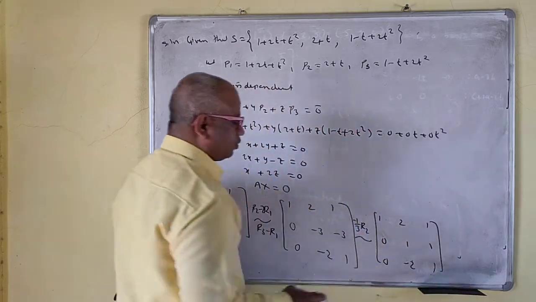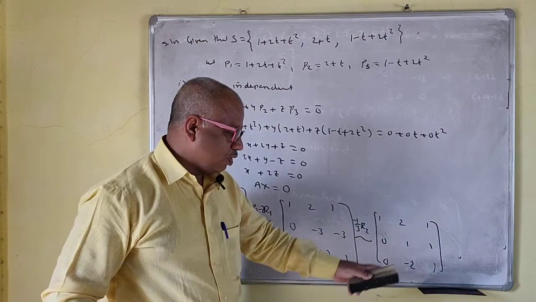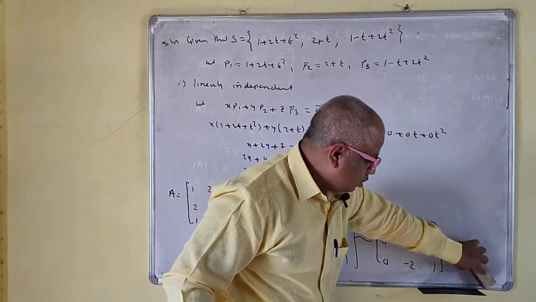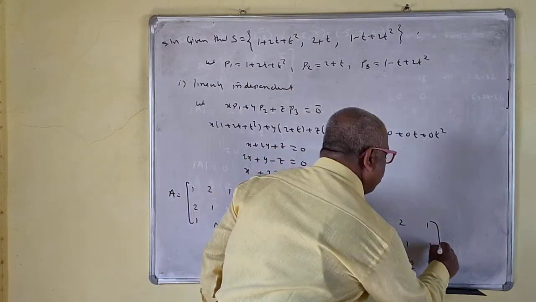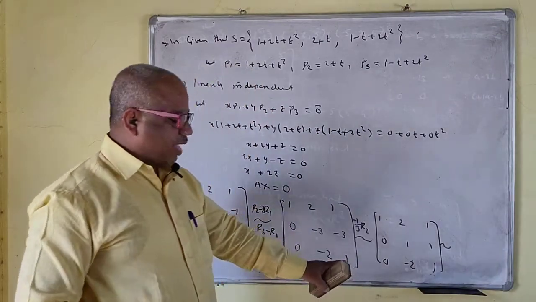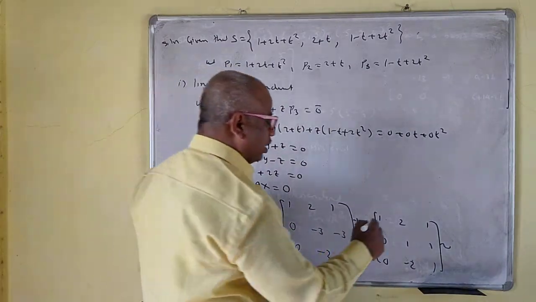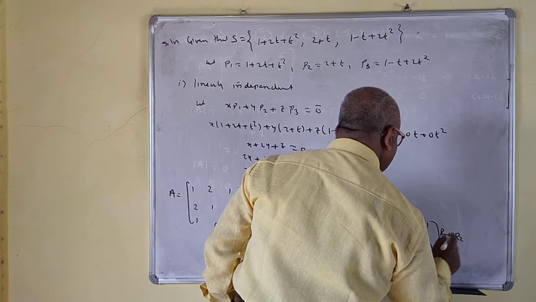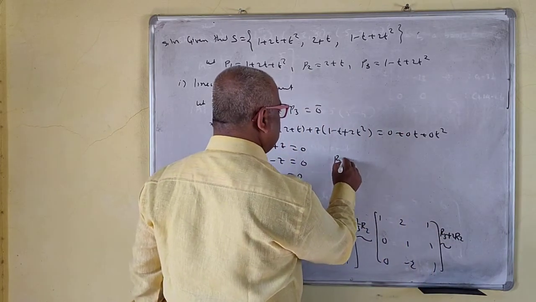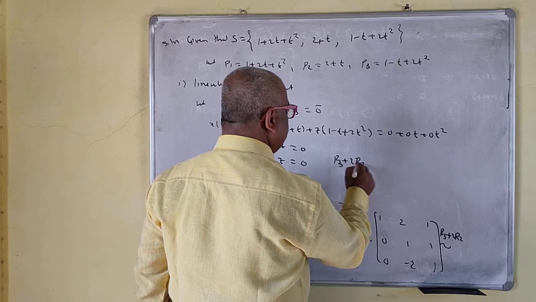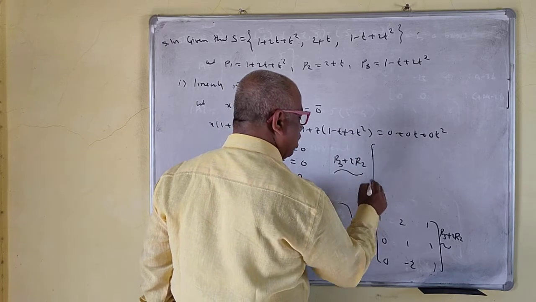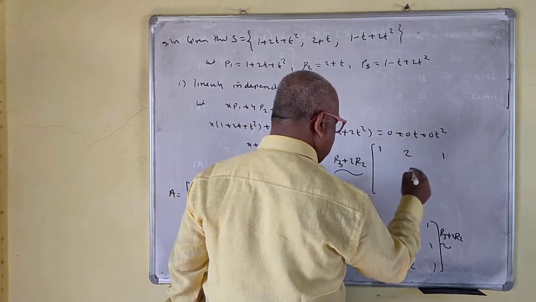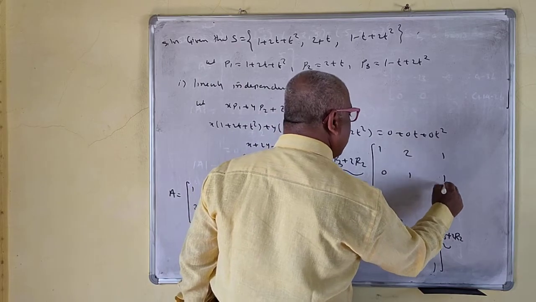Now we'll make this entry 0. Which operation do we have to apply? This is R3, we have to change R3: R3 plus 2 R2. So first row will be as it is, 0 1 1.